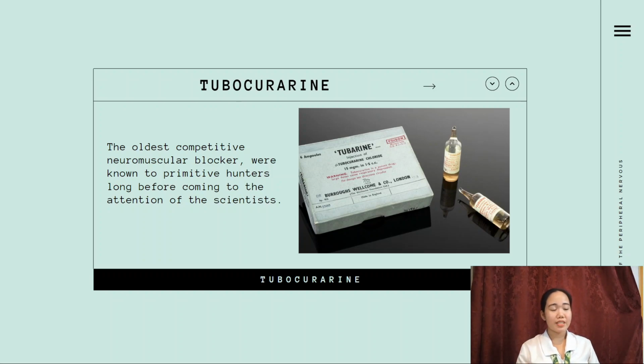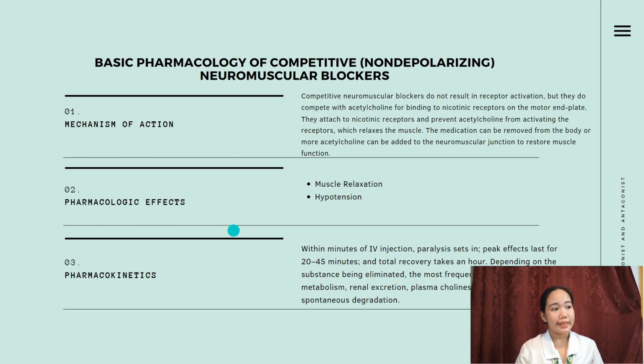Next, we have the basic pharmacology of competitive non-depolarizing neuromuscular blockers. Non-depolarizing neuromuscular blocking agents have a long-lasting duration. As for the mechanism of action, competitive neuromuscular blockers do not result in receptor activation, but they do compete with acetylcholine for binding to nicotinic receptors on the motor end plate.